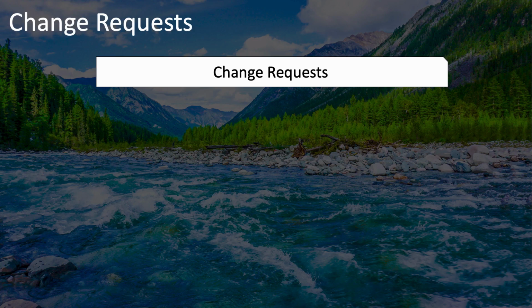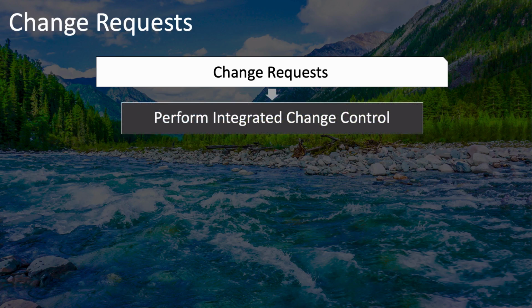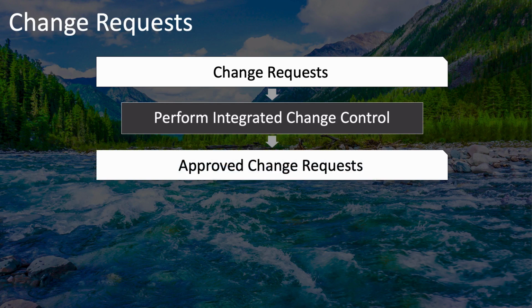But no matter where they come from, they all must go through the Perform Integrated Change Control process, which is the one and only process that reviews all change requests and decides whether or not they should be approved. This is the process that combines the analysis of the impact on scope and schedule and cost and risks and quality and so on to decide whether or not this change request should be approved.